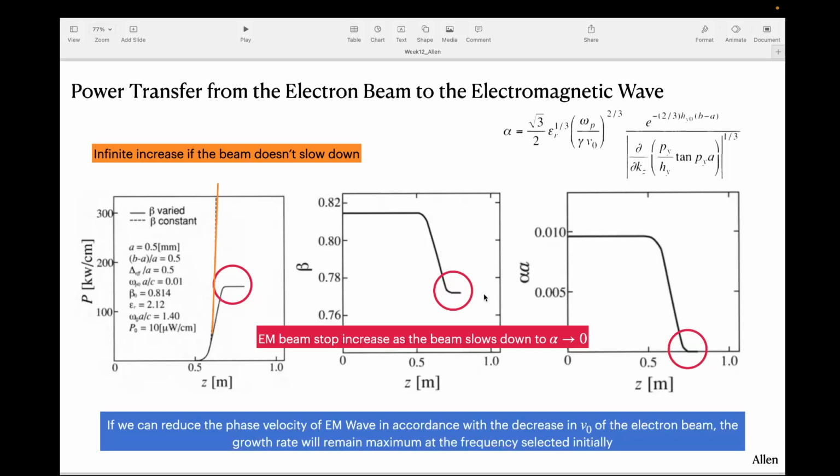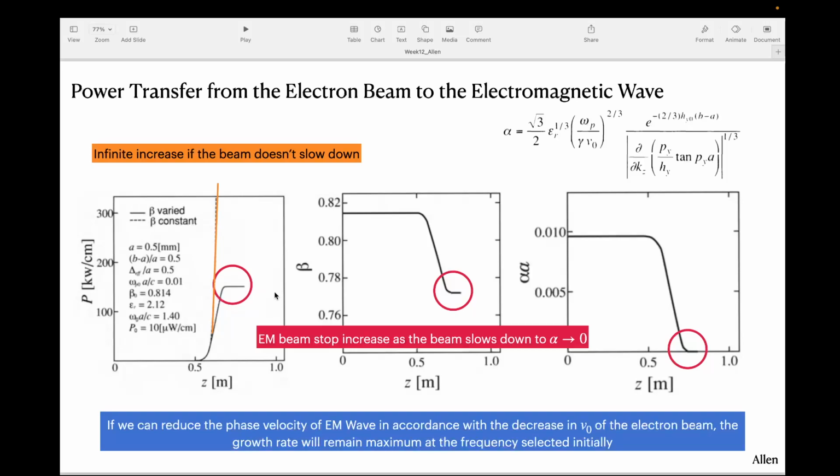This can be considered as follows: in order for the electron beam to provide energy for the EM wave, the drift velocity, of course, needs to be larger than the phase velocity. So when the drift velocity of the electron beam is not large enough, it will stop growing, and thus the power will be fixed at a specific level.